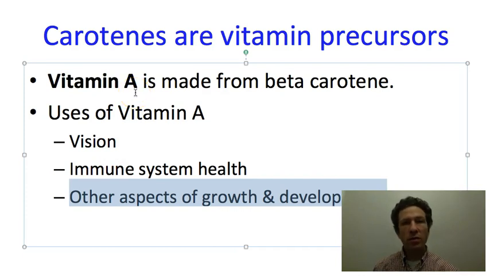It is true that too much vitamin A, just like many other compounds, can have negative effects. So it's encouraged to have reasonable amounts of vitamin A, especially from natural food sources, but you want to be careful if you take supplements to not take more than the recommended daily allowance.